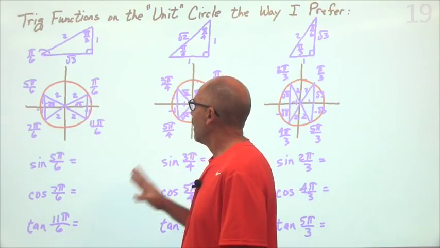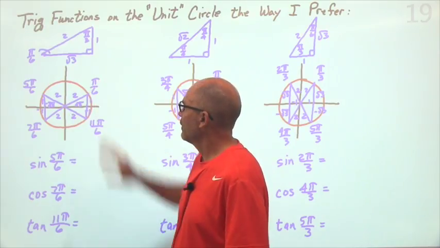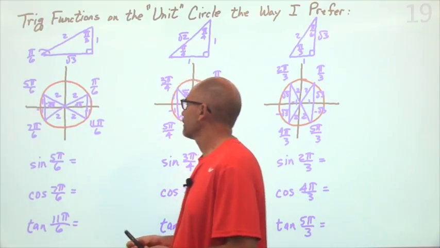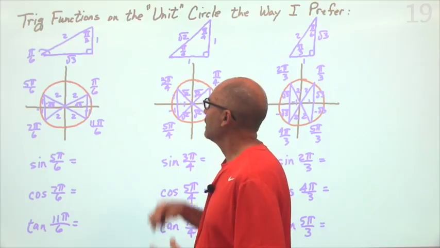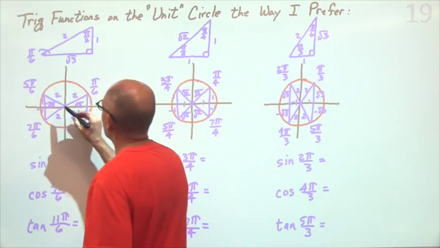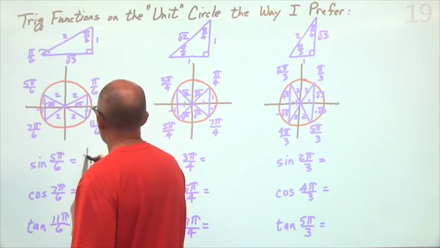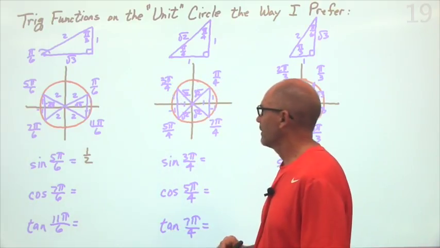But how are we going to do our sine, cosine, and tangent of these angles? Well, let's just take 5 pi/6. What's sine of 5 pi/6? Well, sine is opposite over hypotenuse. So the opposite is 1, and the hypotenuse is 2. So sine of 5 pi/6 is 1/2.